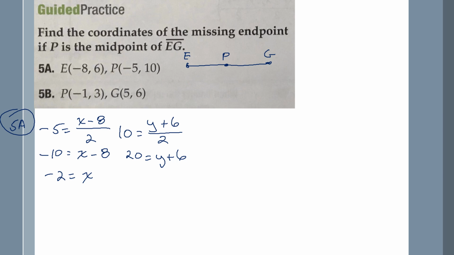Subtract 6 from each side. 14 is equal to y. So for G, for 5a, G is at negative 2, 14. Okay, we have the same process to do with 5b.